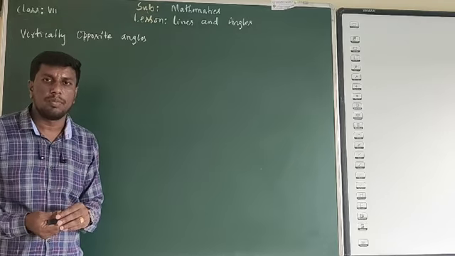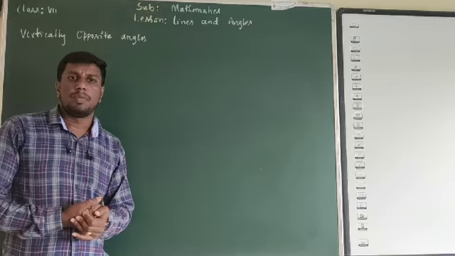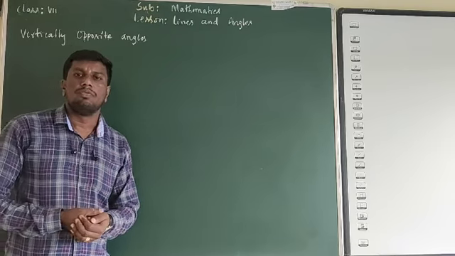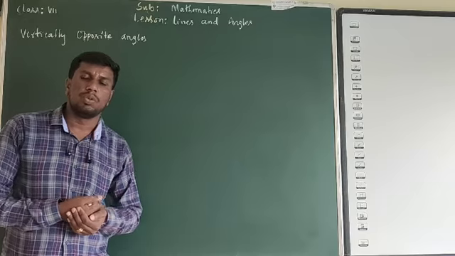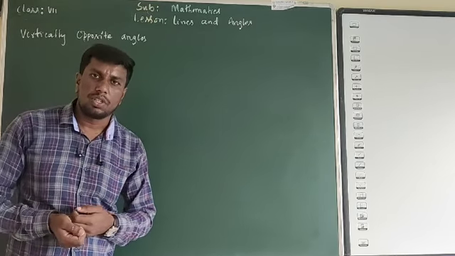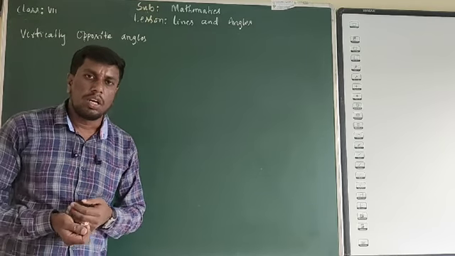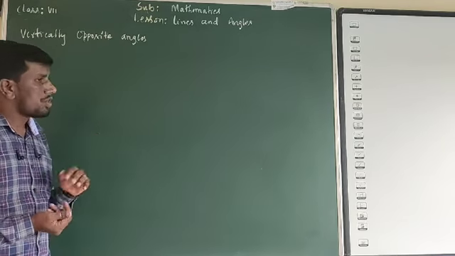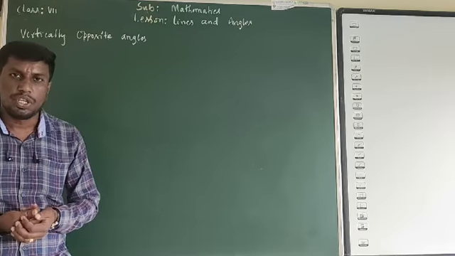You know that we are discussing the lesson lines and angles. In the previous session we discussed the extended angles. What are the angles we have studied? Adjacent angles, then the linear pair of angles, and we are going to study vertically opposite angles in today's class.